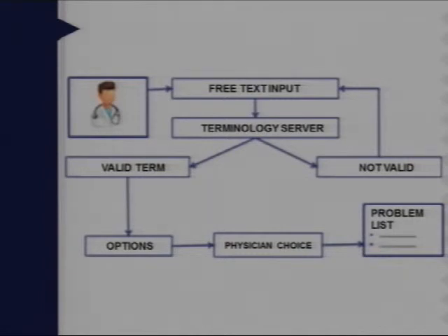If the term is not valid, for example, if the physician writes "prescription," which is not really a health problem, the system asks for a new problem. But if the term is valid, the terminology server offers the best match with the term that the physician input, but also gives some options the physician can choose to elevate the level of detail of the problem list. Then the physician's choice goes to the problem list.